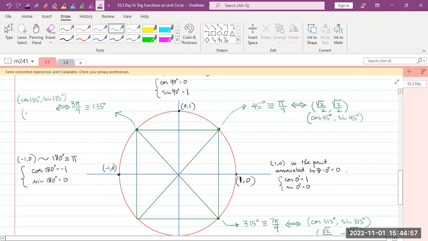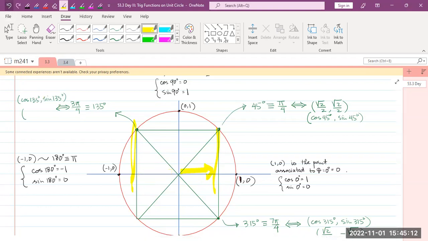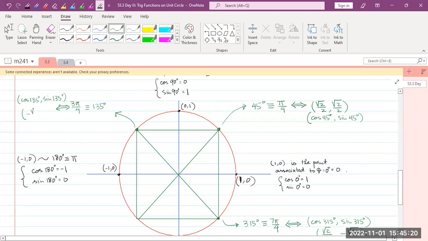It must be opposite x. The x here and here should be opposite, one of them positive, the other one negative, right? But the y's are the same. Opposite x, but same y. So this must be negative radical 2 over 2, and the y must be the same, radical 2 over 2.